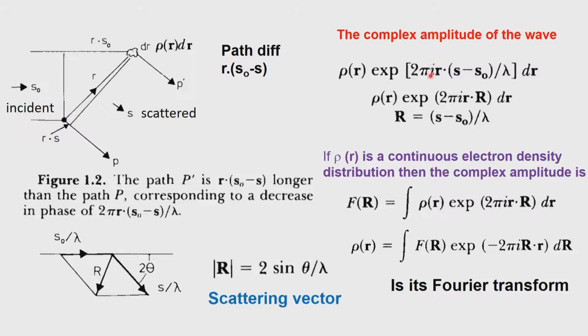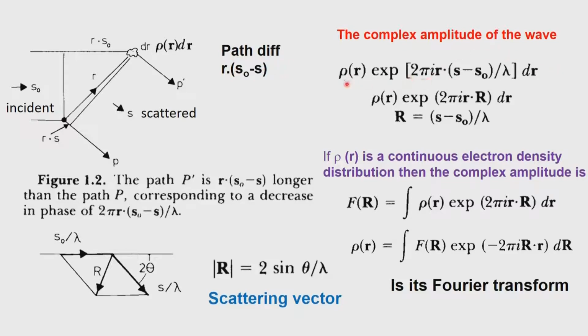Since this is a complex quantity, it is with respect to r dot s minus s naught by lambda. So, larger the path difference, larger is the phase difference, and therefore there is a change of sign. The change of sign is incorporated by changing s and s naught positions.